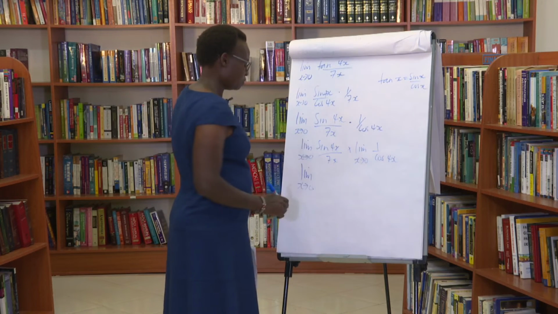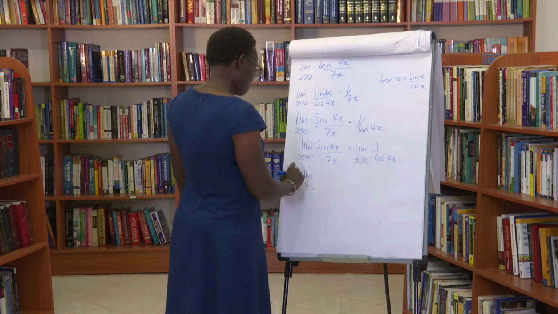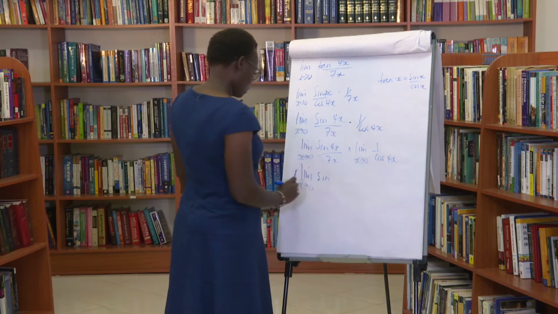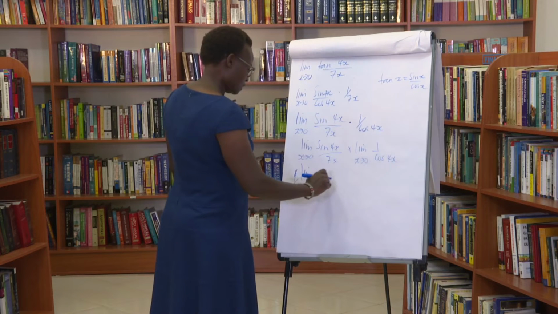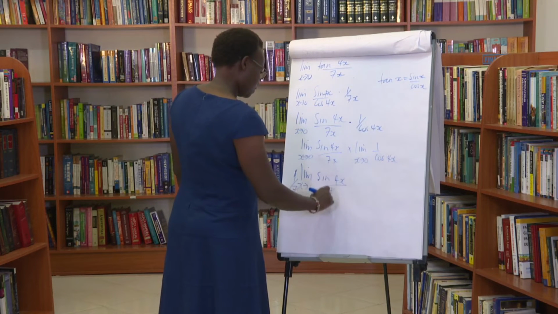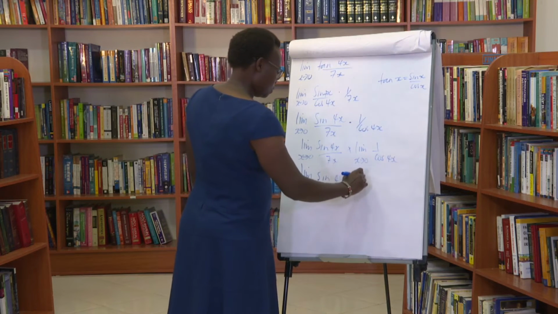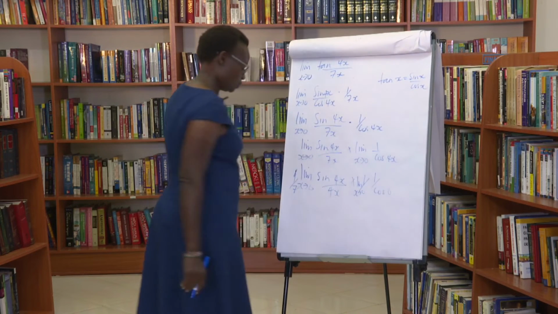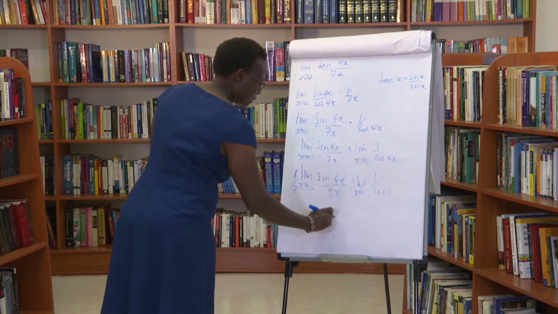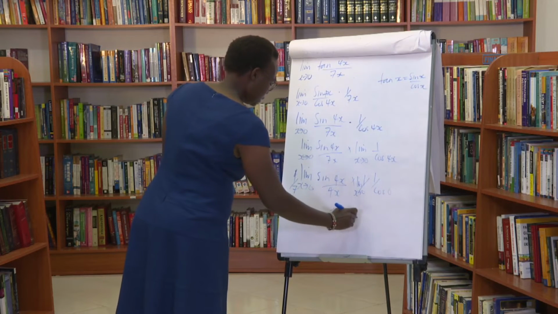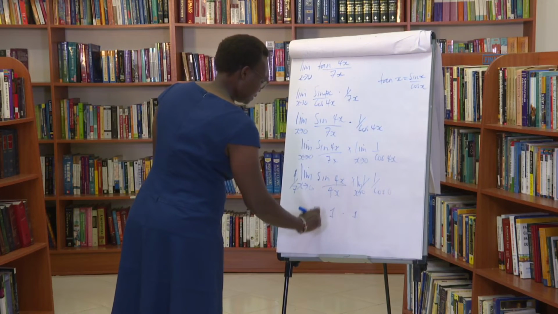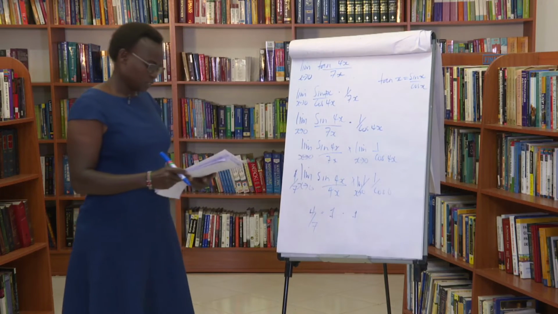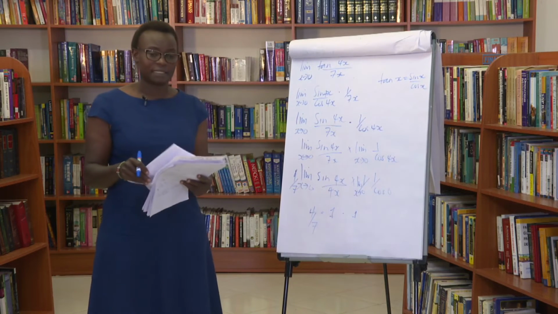If you multiply by 4 over 4, that would give us 4 over 7 times sine 4x over 4x, times the limit as x tends towards 0 of 1 over cos 0. So then this will give us our answer. This will be 1, this will be 1, this will be 4 over 7. So our answer is 4 over 7.